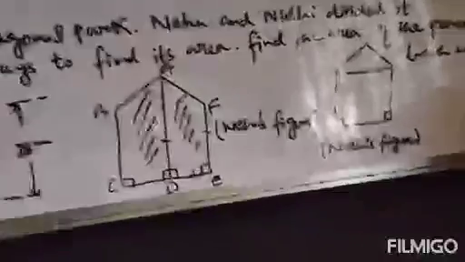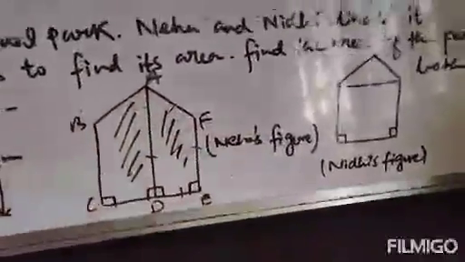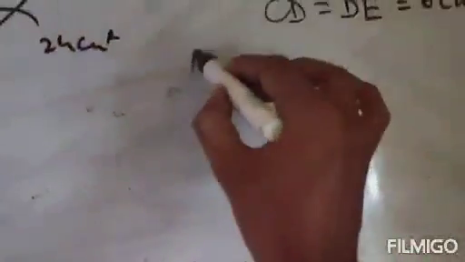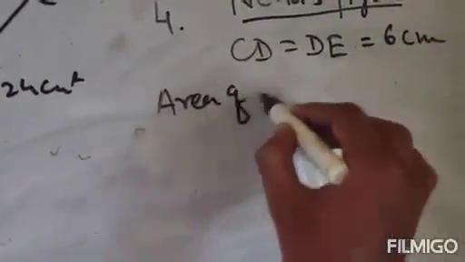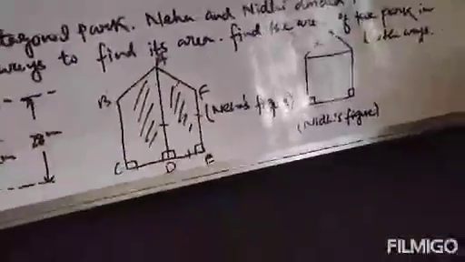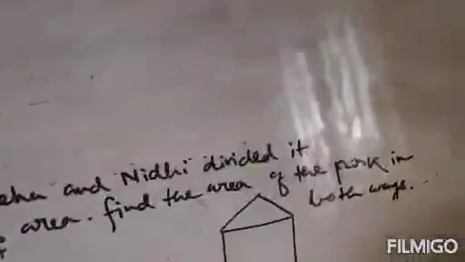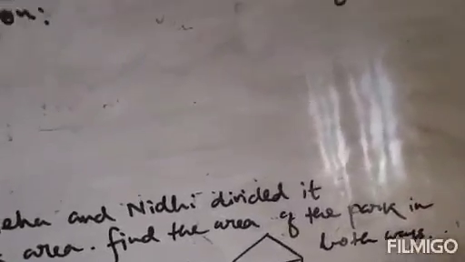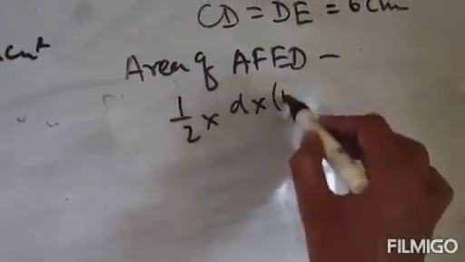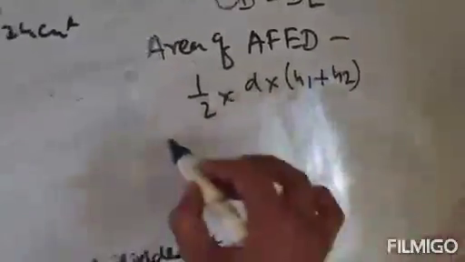So first find out the area of this quadrilateral AFED. Area of AFED, that means formula of quadrilateral: area of quadrilateral is 1 by 2 into diagonal into sum of heights. So 1 by 2 diagonal.